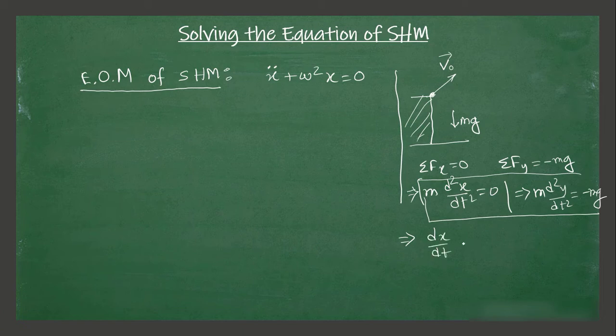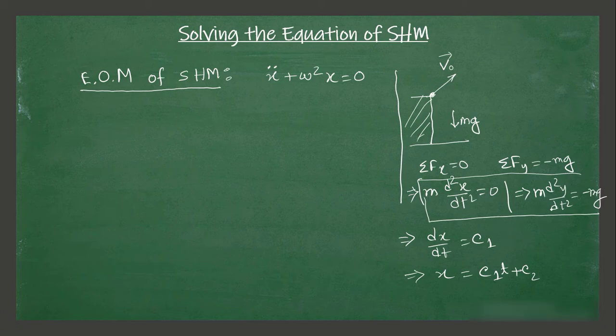So if we take the first integral, we get dx over dt equal to a constant. We can call this constant c1, okay? Now if we integrate this further, we get x on the left, and on the right hand side we get c1 times time plus another constant of integration, c2, okay?